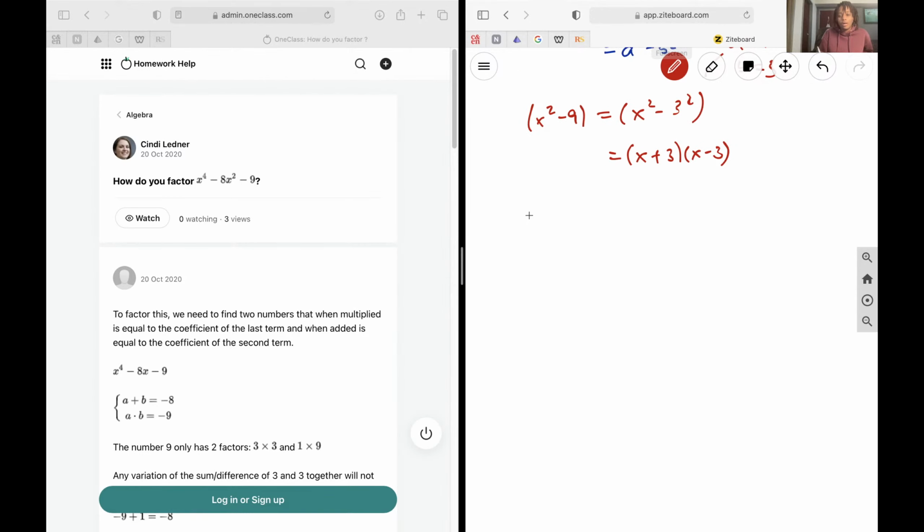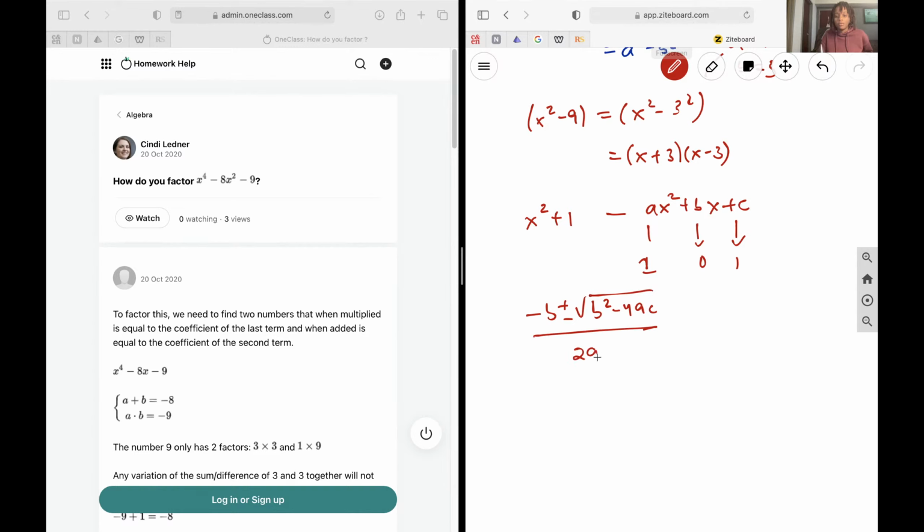And so for x squared plus 1, recall it's ax squared plus bx plus c. So in my case, I have a is 1, b is 0 because I don't have a bx, and c is going to be 1. So when I put that all into my quadratic formula, so negative b plus or minus the square root of b squared minus 4ac all over 2a.